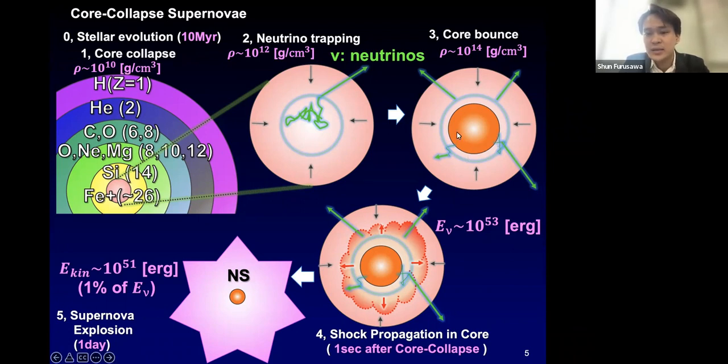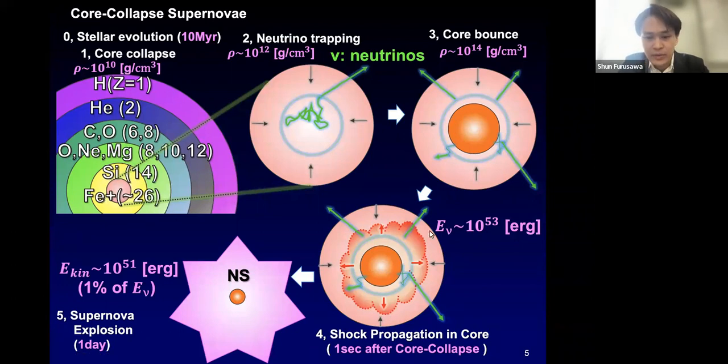After the formation of a proto-neutron star, shock waves are generated, and this shock wave expands. It takes about 1 second for the shock wave to reach the outer boundary of the iron group core.